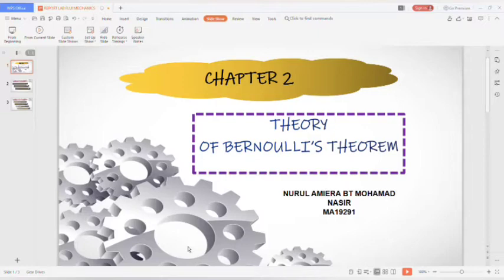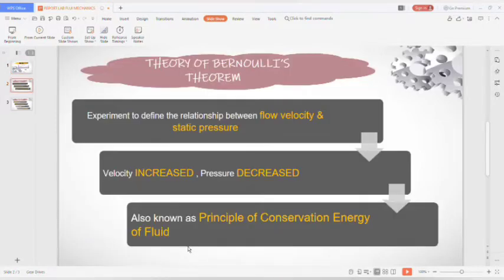In this chapter, I will explain briefly what the theory of Bernoulli theorem is. Let's move to the next slide. Theory of Bernoulli theorem. What is meant by the theory of Bernoulli theorem? First, in this experiment, we conduct the experiment to define the relationship between flow velocity and static pressure.